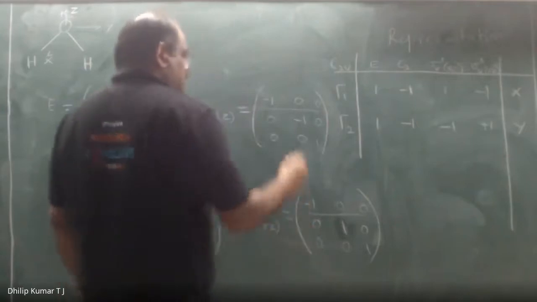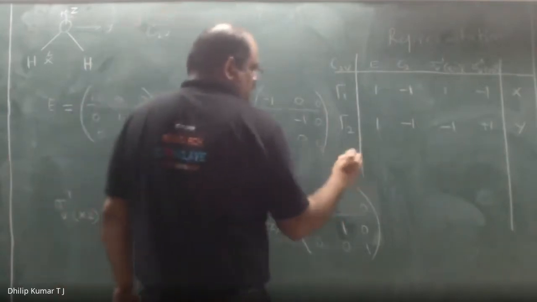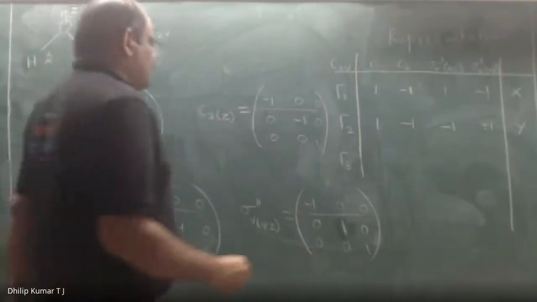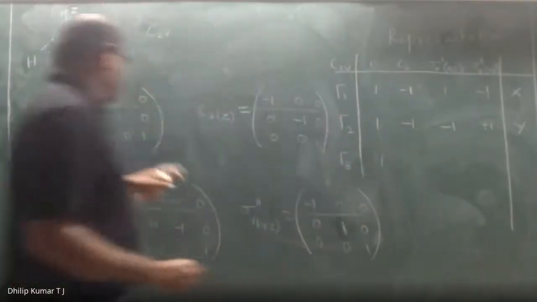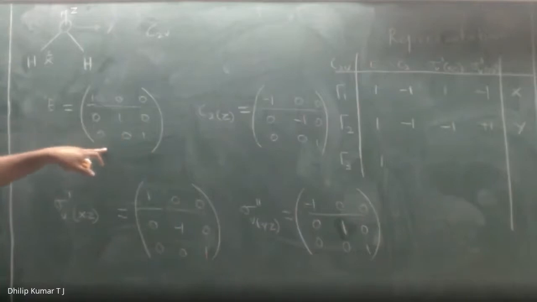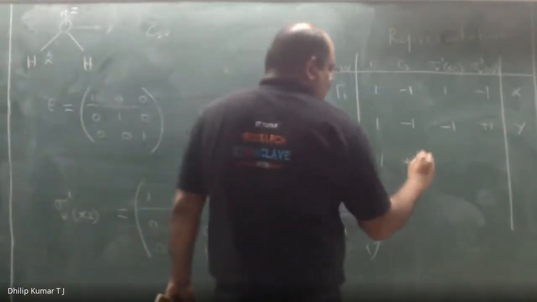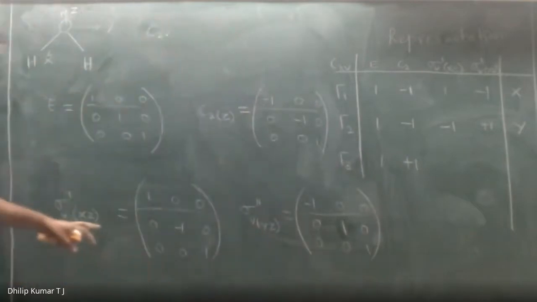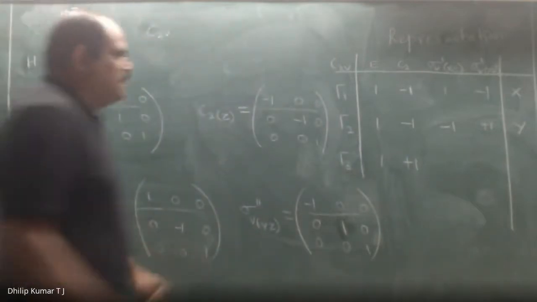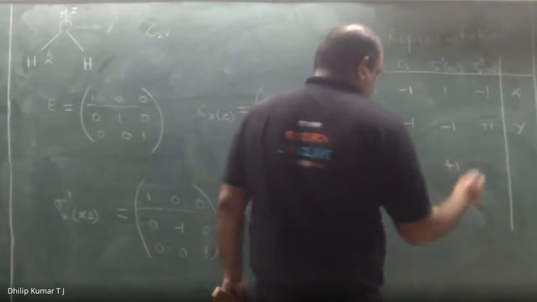Okay, so that is the third row, the z-axis. We call it gamma 3, and then we can write that. For E it is 1, for C2z it is again positive 1, for sigma v prime it is again positive 1, and the last one is also 1.